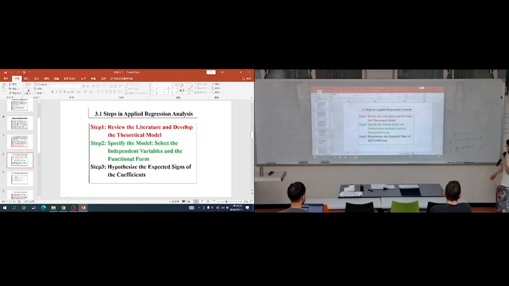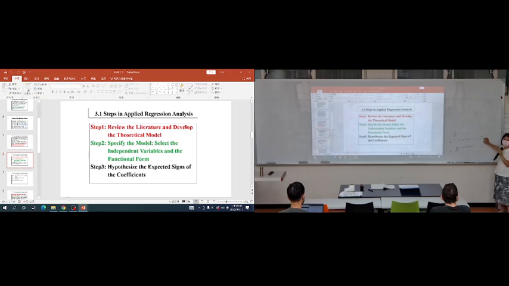So the chart of the first equation is a linear relationship between x1 and y, right? How about this one? You have the square.